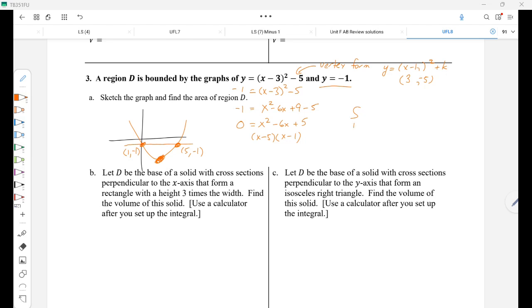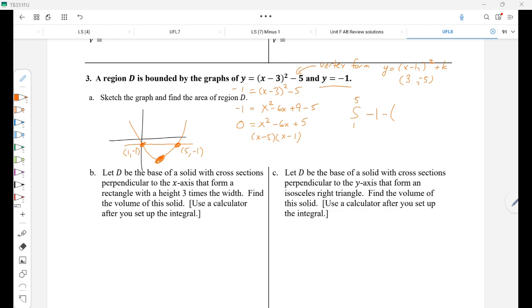1 to 5, of what's going to be our upper function? Yep. Negative 1 minus. If you are plugging a function into something that's being subtracted, please put it in parentheses. You've seen that a couple times now.